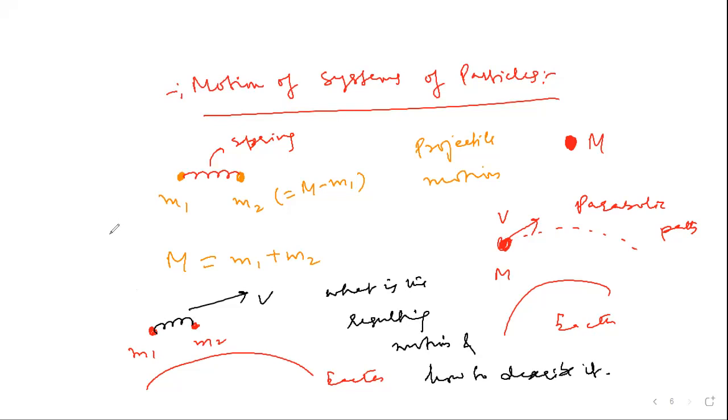So when we observe such motions, what we notice is that individual masses may move in complicated fashion, but there is one spatial point in the system of particles which is called center of mass.